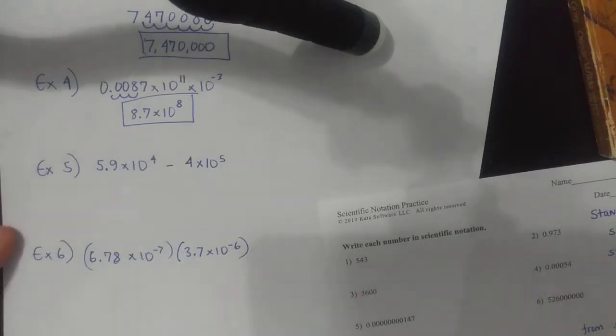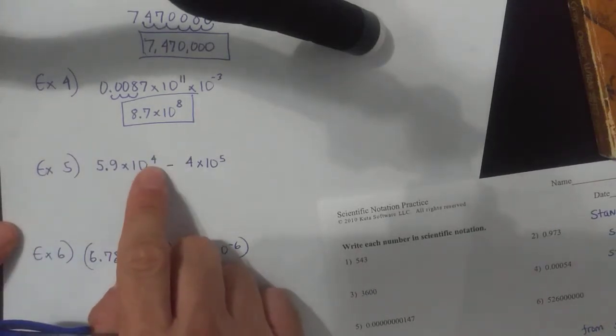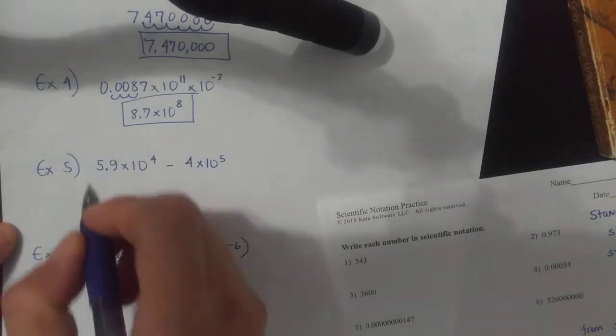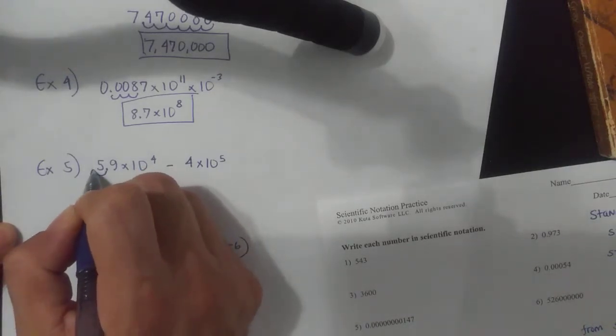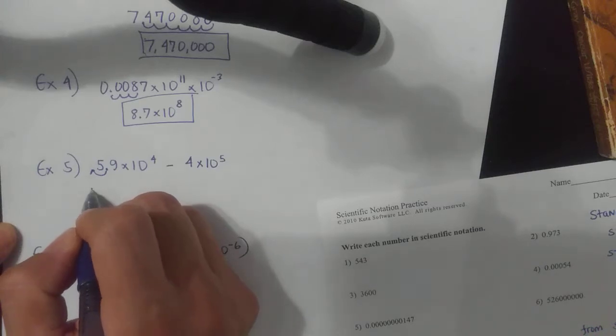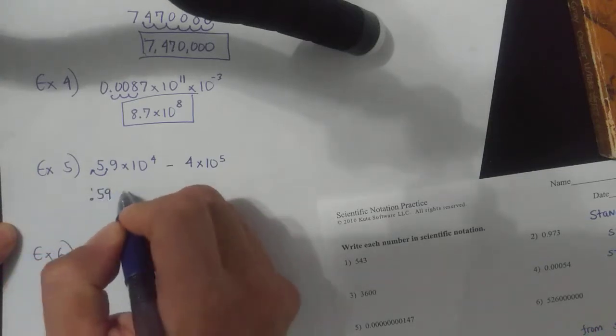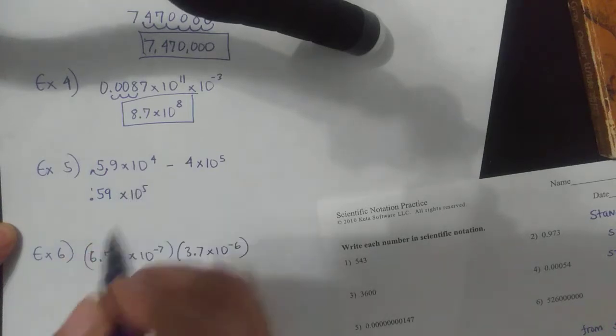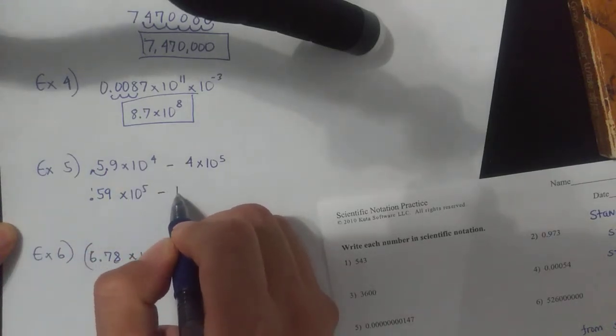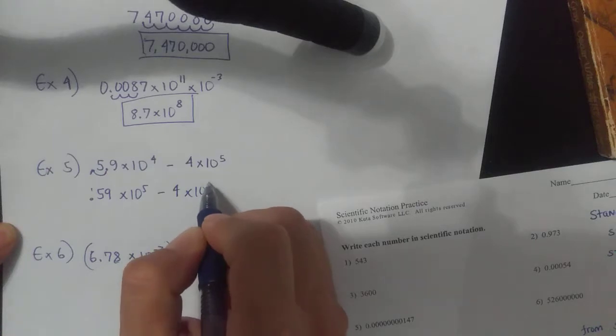Alright, so let's see. I want to add an exponent. So I'm going to move the decimal to the left. So I'm going to move that here. So I get 0.59 times 10 to the fifth minus 4 times 10 to the fifth.